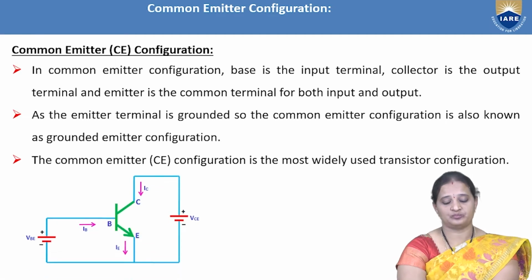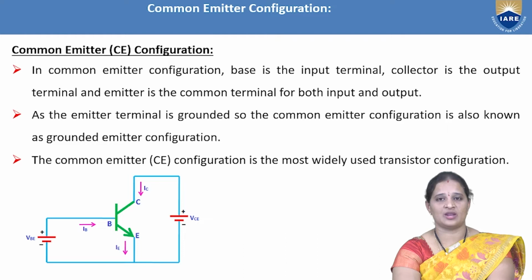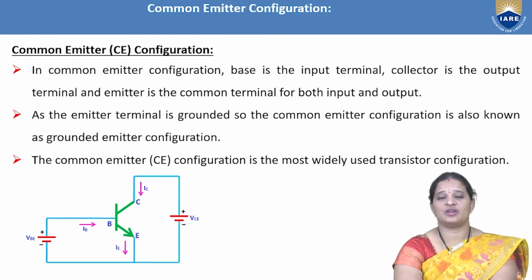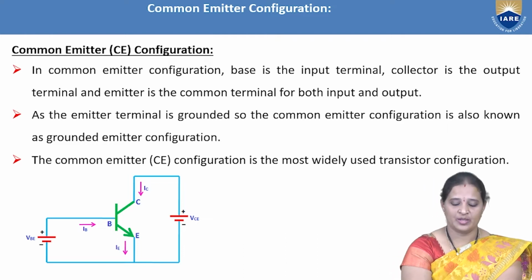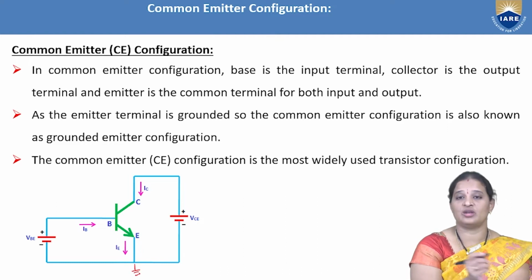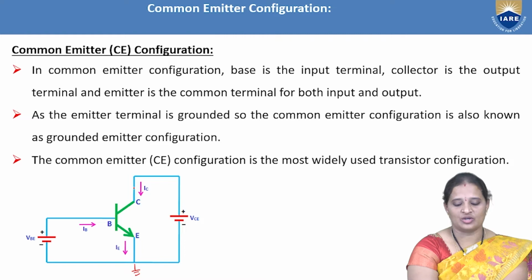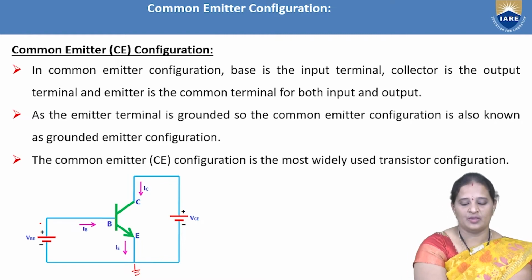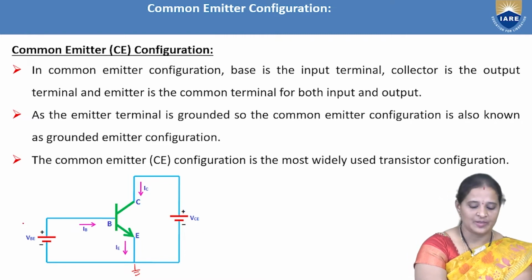This is the NPN transistor connected in common emitter configuration. The emitter terminal is connected common, which is grounded here, and the collector terminal is taken as output terminal, and the base terminal is the input.